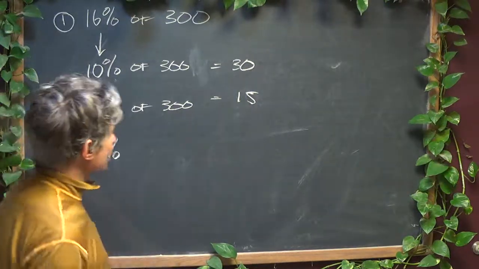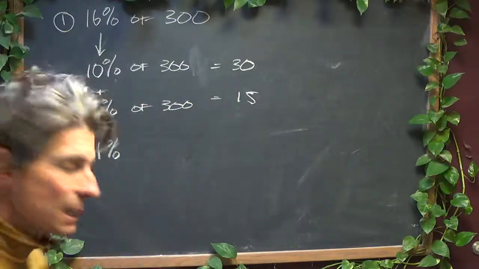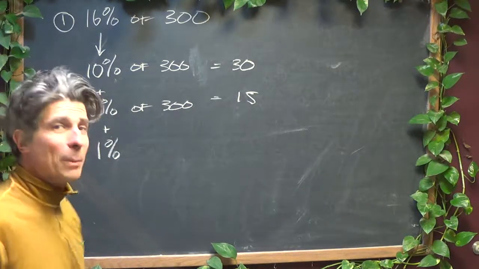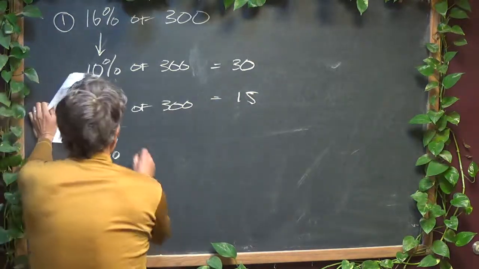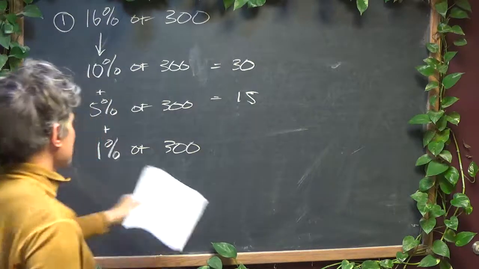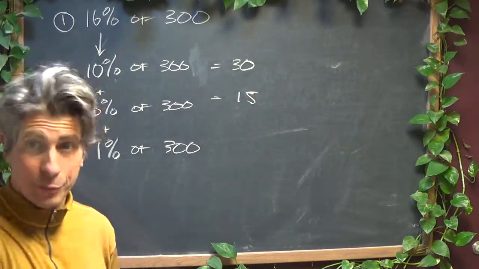And the 1%, you can do a number of different ways. I've heard people do 1% as dividing that by 5. But perhaps the easiest way to do this one: 1% of 300 is 1/100th of 300.